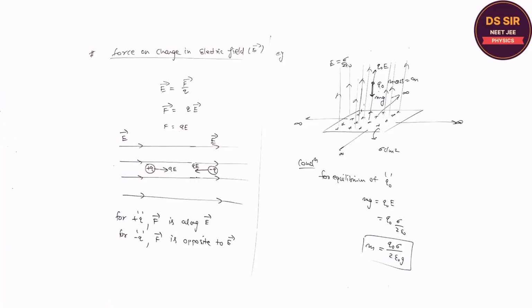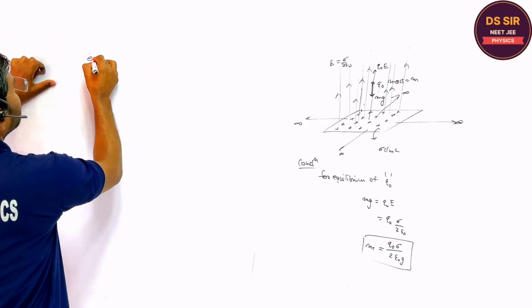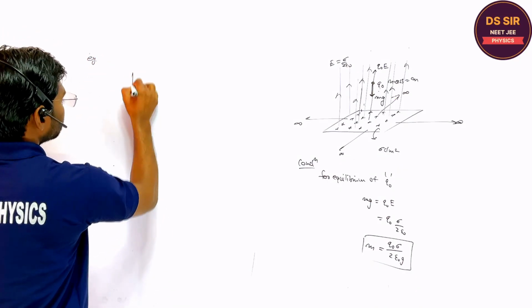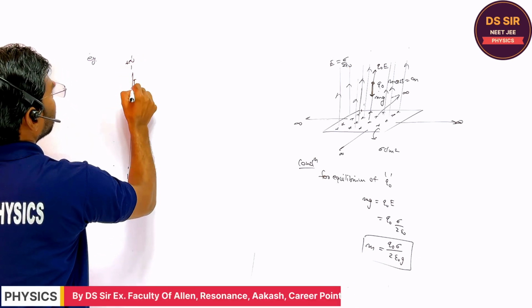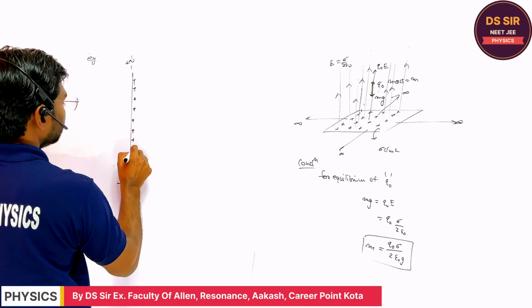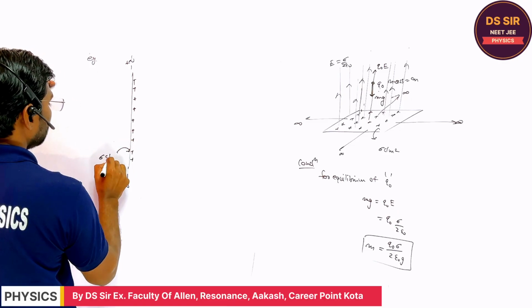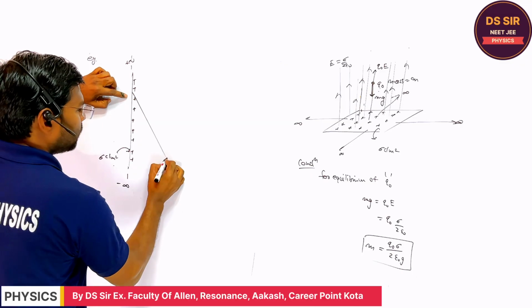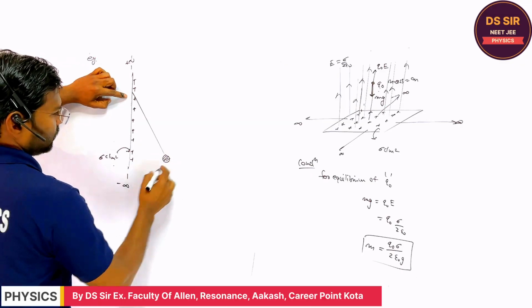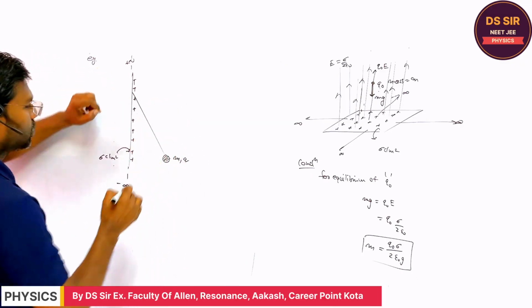Copy this. Let's do one more illustration. Suppose this is the infinite sheet again, having the surface charge density plus sigma coulomb per meter square. There is a bob of mass m and charge q.